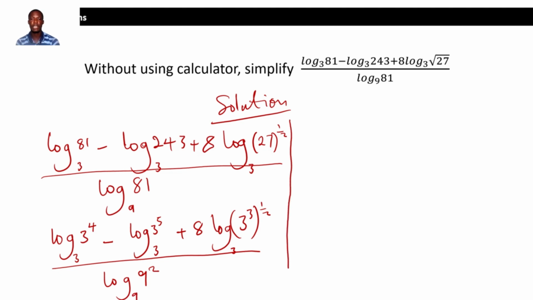Okay, so with this, I'll continue by simplifying, dropping the exponents and then applying the property that is appropriate.